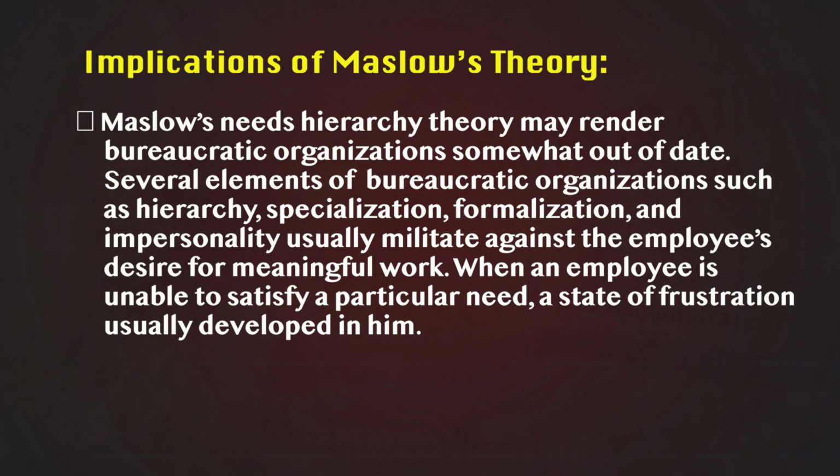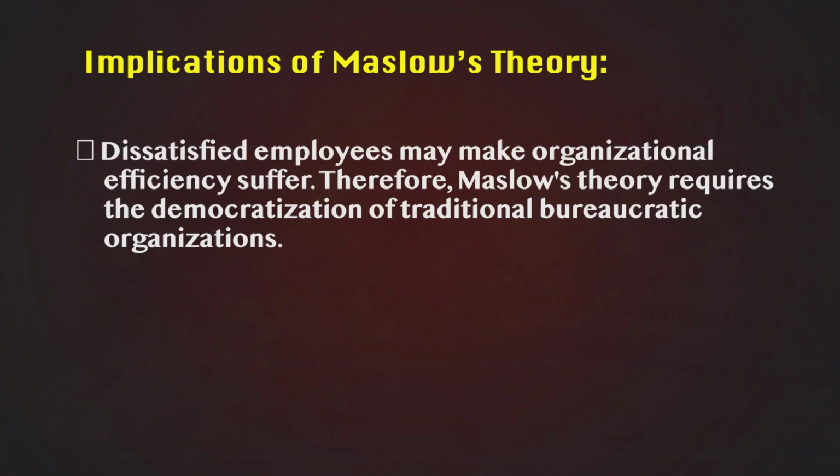When an employee is unable to satisfy a particular need, a state of frustration usually develops in him. Dissatisfied employees may make organizational efficiency suffer. Therefore, Maslow's theory requires a democratization of traditional bureaucratic organizations.